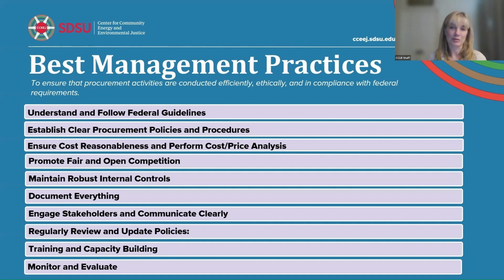Some of the things that we were talking about, the succession planning, right? Knowing your roles and responsibilities, right? You're documenting everything. You're engaging with stakeholders and you communicate clearly, especially with your expectations.